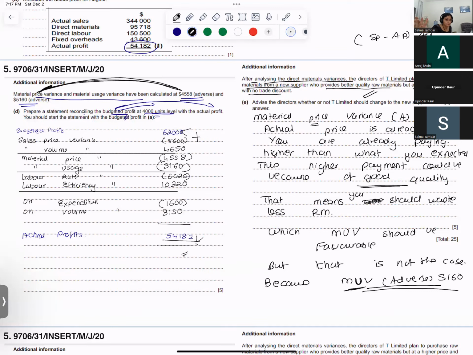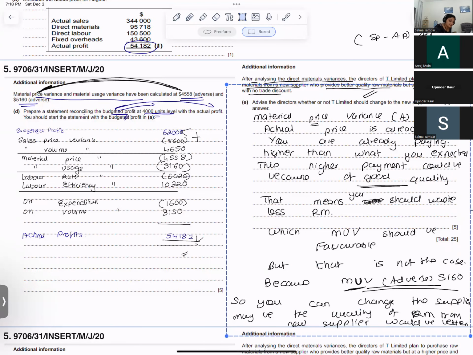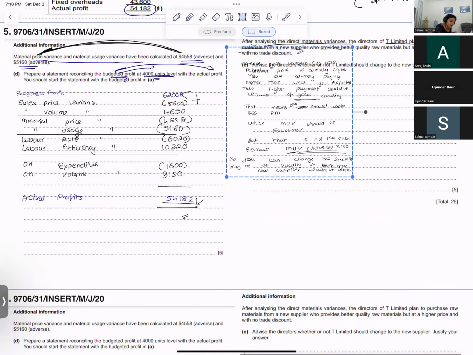So what should you do? You can retrain the employees. You can change the supplier. Maybe the raw material from the new supplier would be better, which could make the material usage variance favorable.